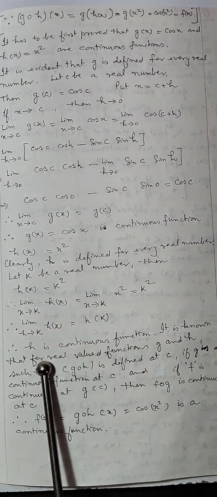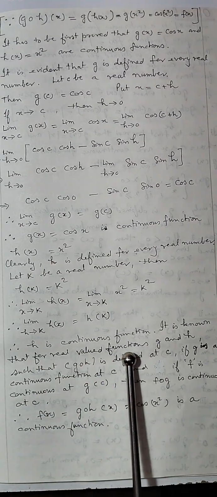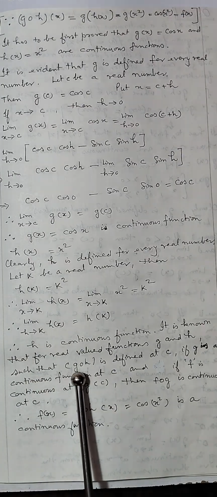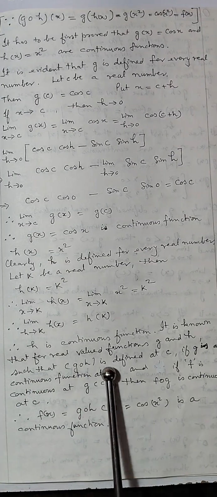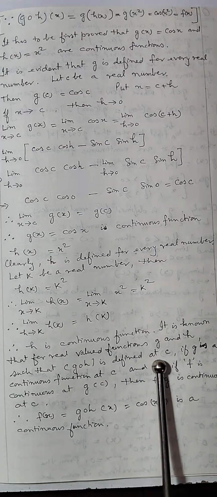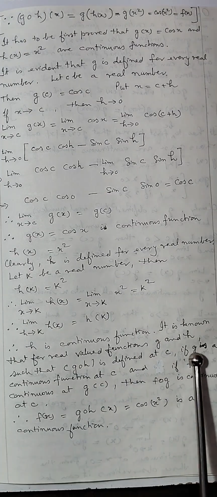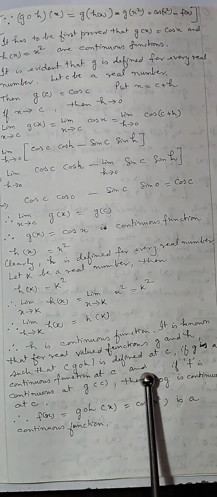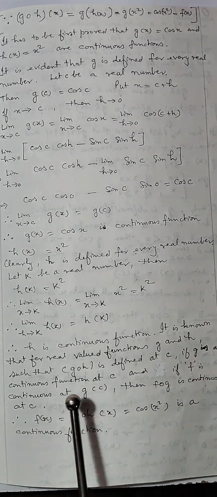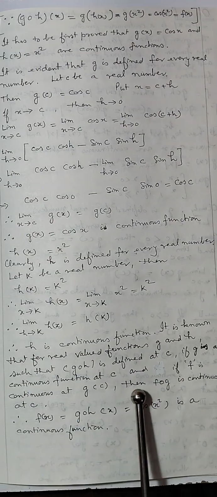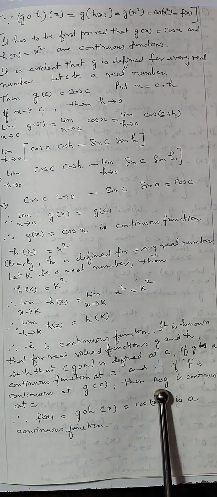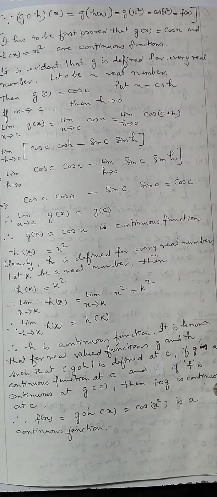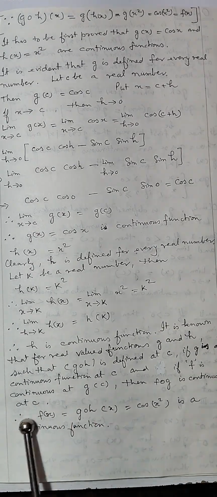It is known that for real valued functions g and h such that g of h is defined at c, if g is a continuous function at c, and if the function is continuous at g(c), then f of g, which is written as f o g, is continuous at c.